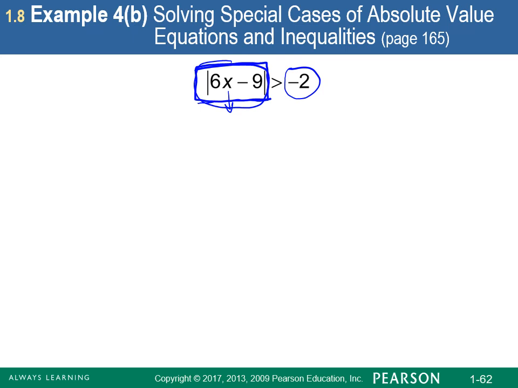And the answer is you can put anything you want there, because when you do the absolute value of whatever you come out with, it will always be positive, which means it will always be greater than -2. So without doing a single bit of algebra, I can say the answer to this is -infinity to positive infinity, all real numbers.